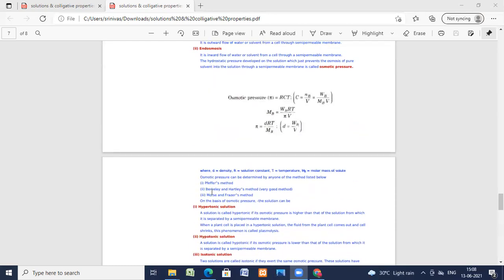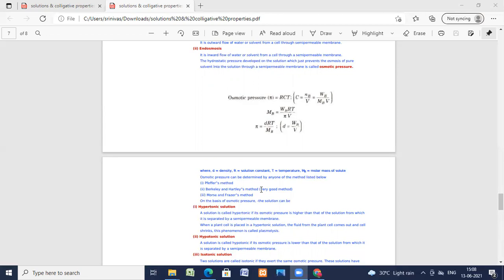Before that, the Berkeley-Hartley method is an experimental way by which we calculate the osmotic pressure, and using this osmotic pressure we are able to calculate the molecular weight of the solute.